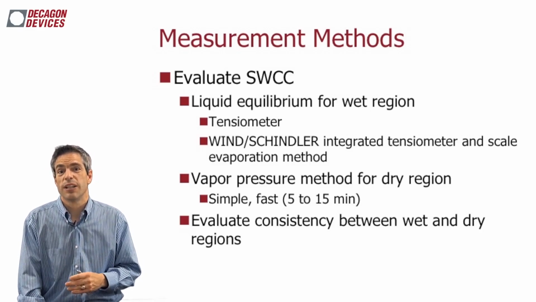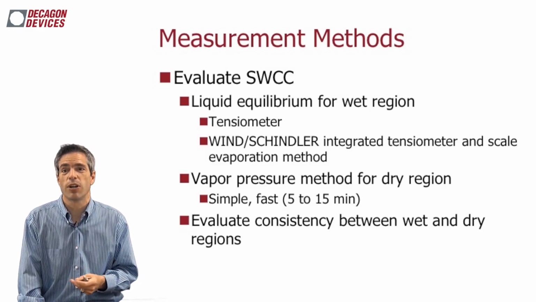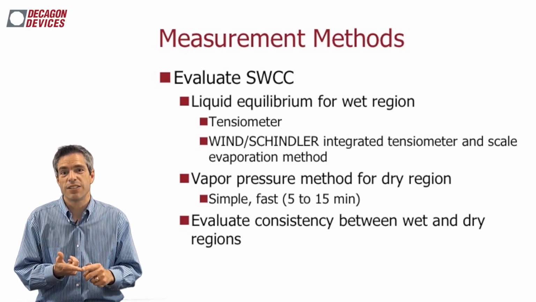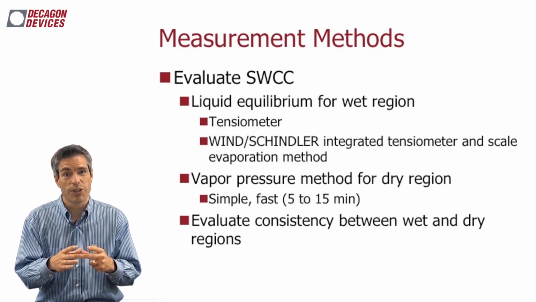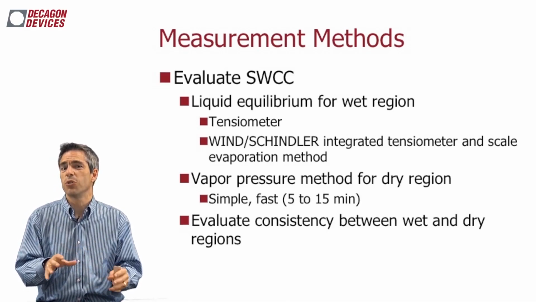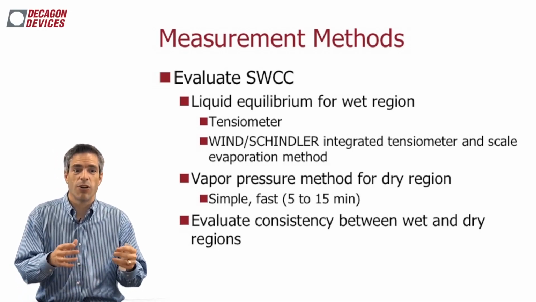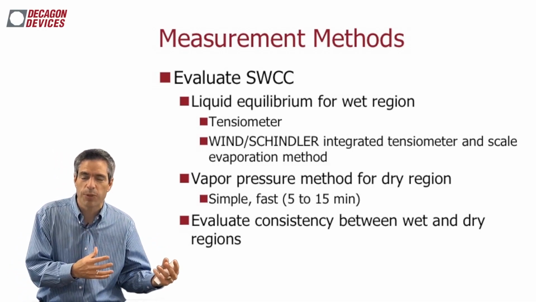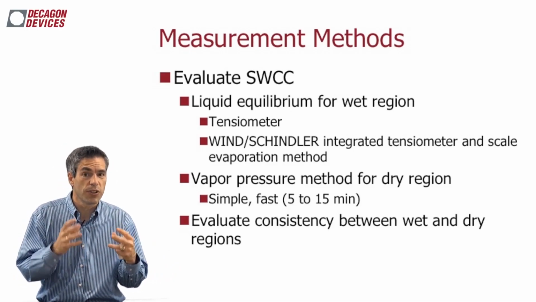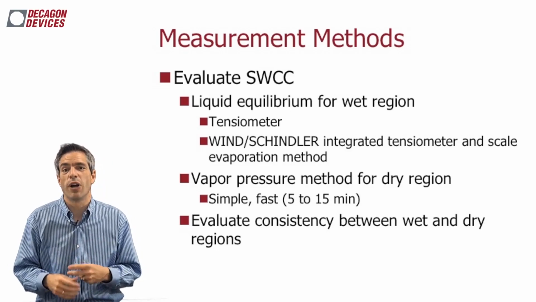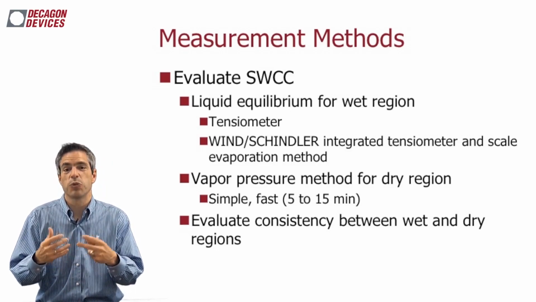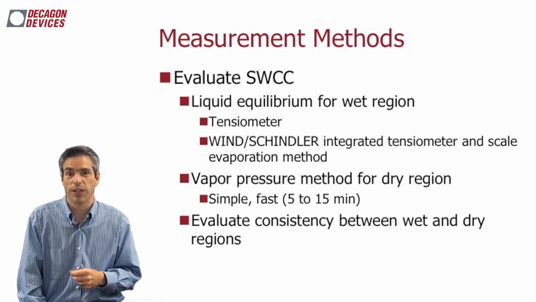We also used a new technique that's fairly new on the market called the Windschindler technique, which is an integrated tensiometer with an intact soil core that sits on a scale, and I'll describe that measurement just a little bit more to you in a moment. Now, this isn't really a new measurement of water potential, but it is a new technique that integrates some of the things we already know into a new way of doing things where we're actually using these techniques with a bit of modeling to come up with a better answer.